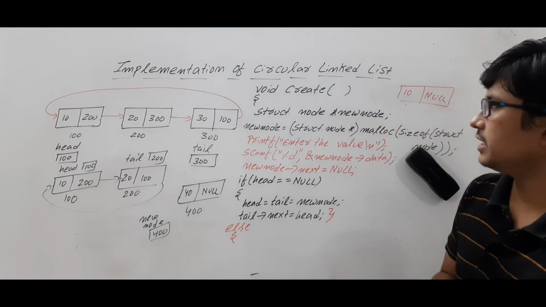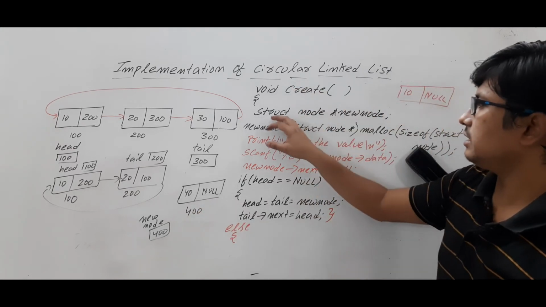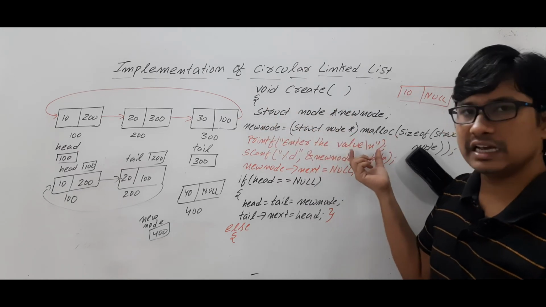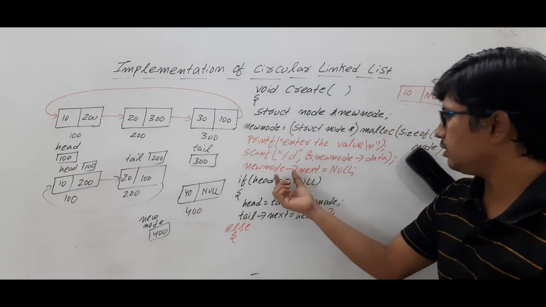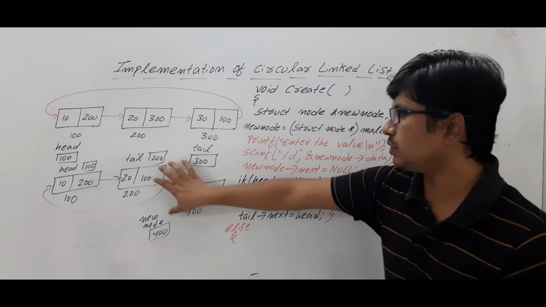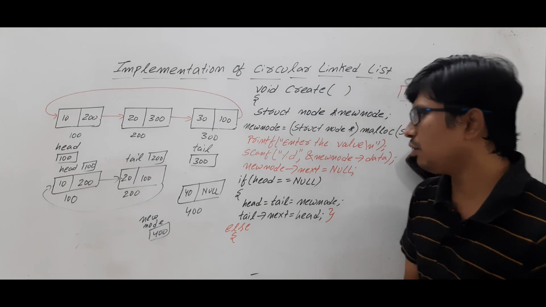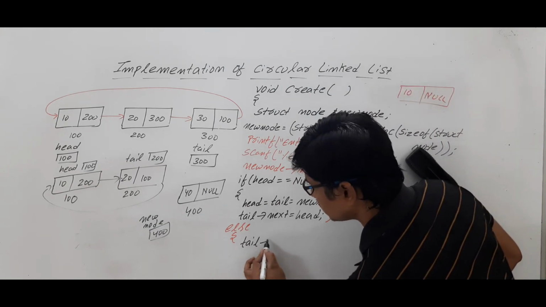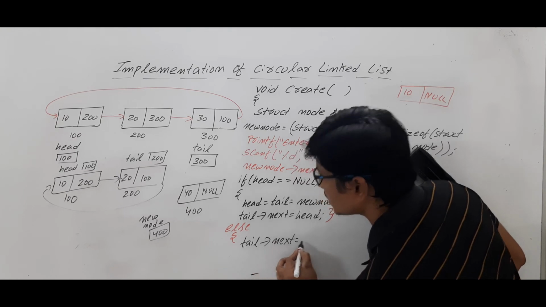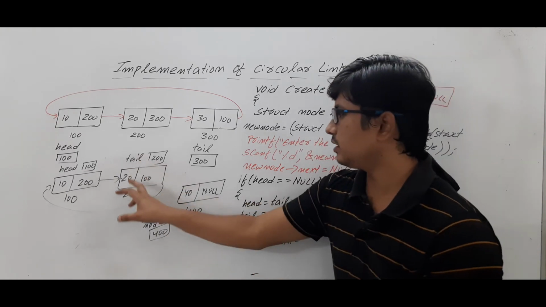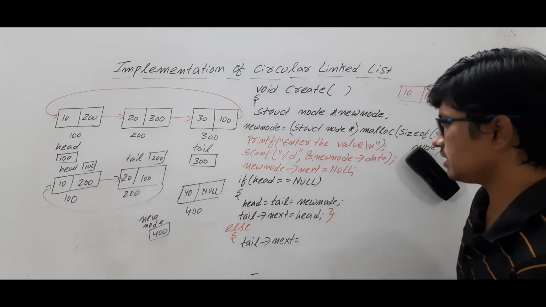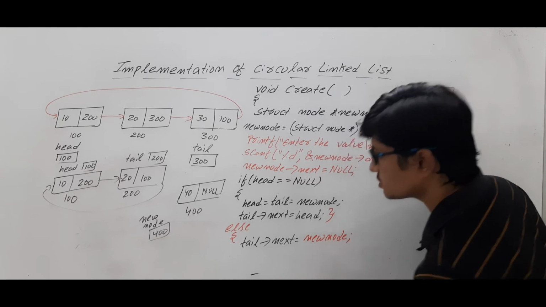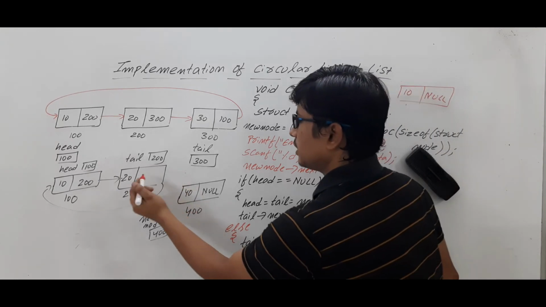Now the user has again called the create function, allocated the memory using the malloc function, entered the value 40, and new node of next is null. Now this one you have to insert here. So how you will do it: tail of next is equal to, because tail is here, 200 of next is 100, you have to assign new node. What new node consists of is 400, that you are writing here.